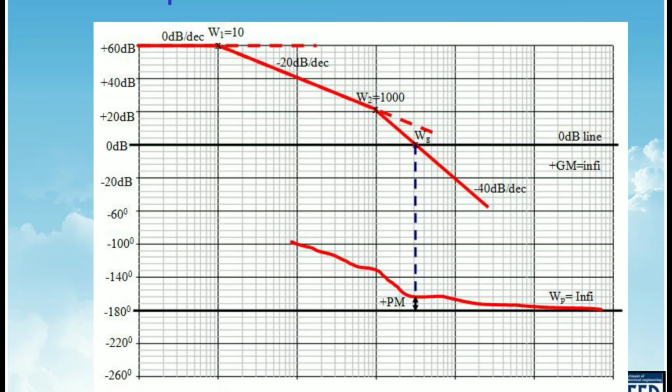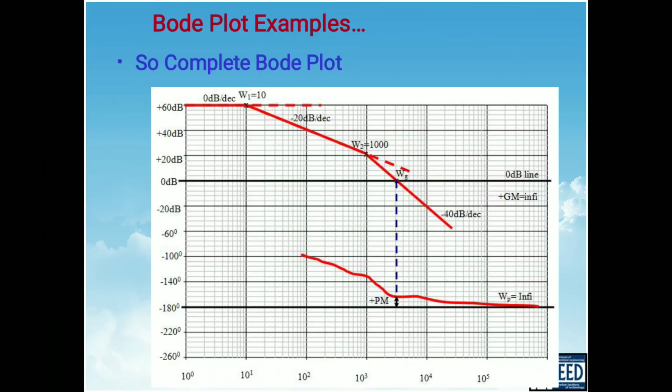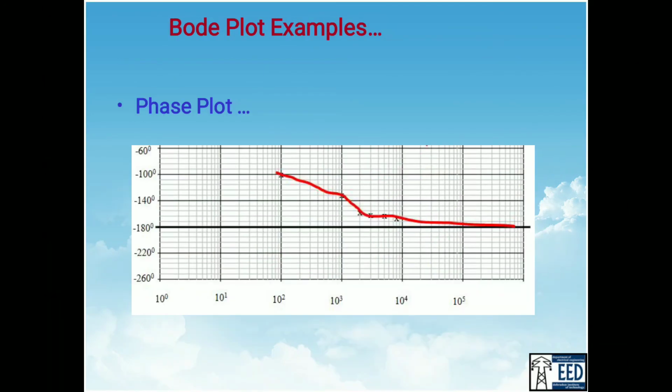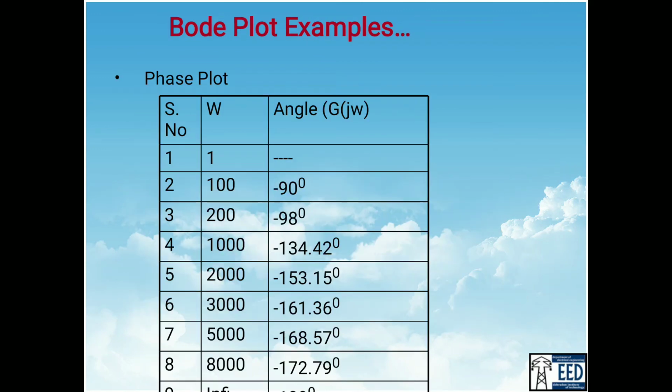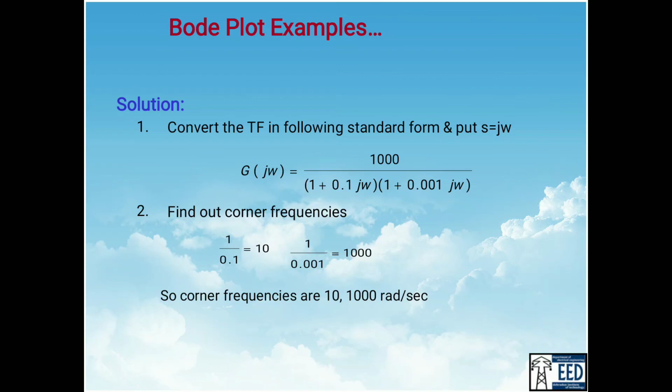And omega PC is nearly approaching infinity. So both the gain margin and phase margin are approaching infinity. Okay, so for this system, the values for the gain margin and phase margin are both positive. That's why the system is stable.